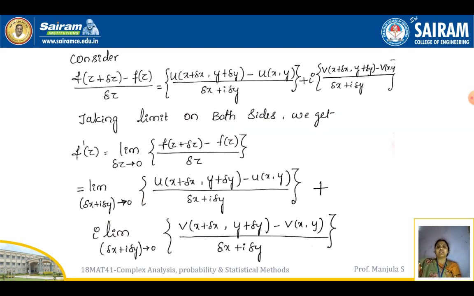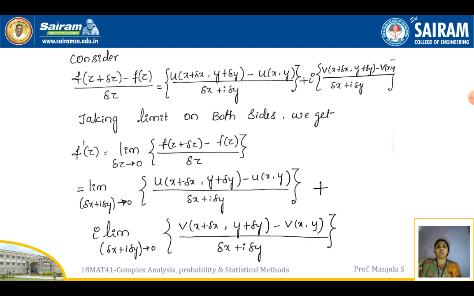Now consider the RHS part. In place of [f(z + δz) - f(z)] / δz, you just substitute f(z), which we already know is u + iv. After substituting, separate the real and imaginary parts so that this equation can be written as [u(x + δx, y + δy) - u(x, y)] / (δx + i δy) + i [v(x + δx, y + δy) - v(x, y)] / (δx + i δy).